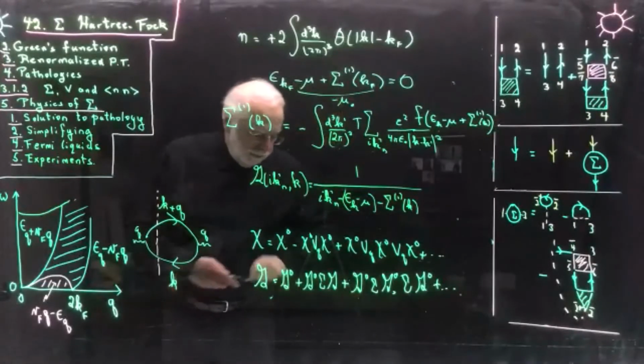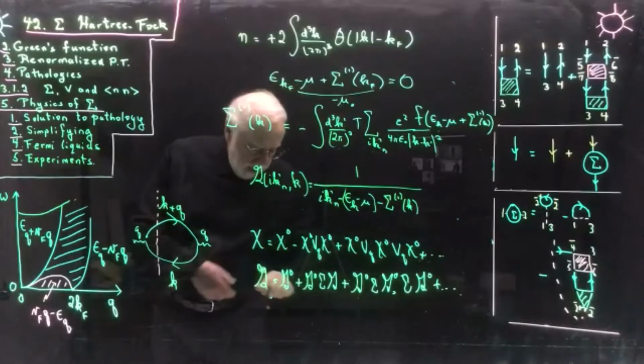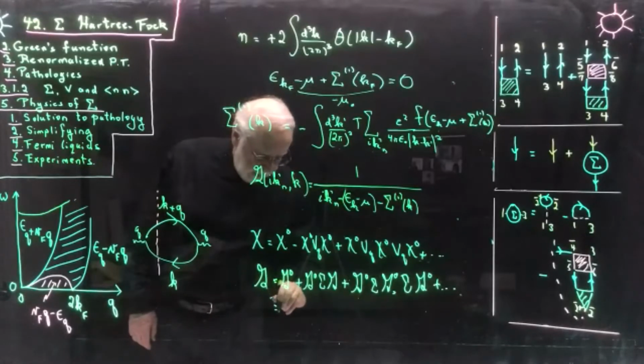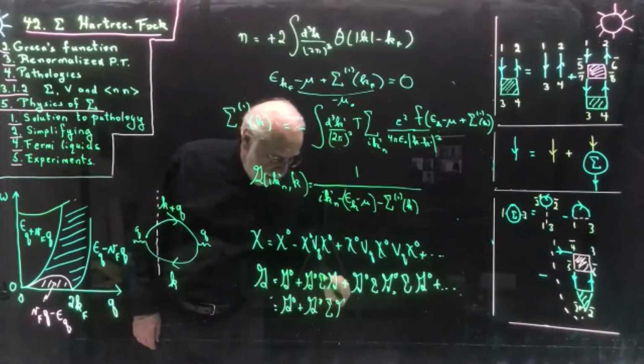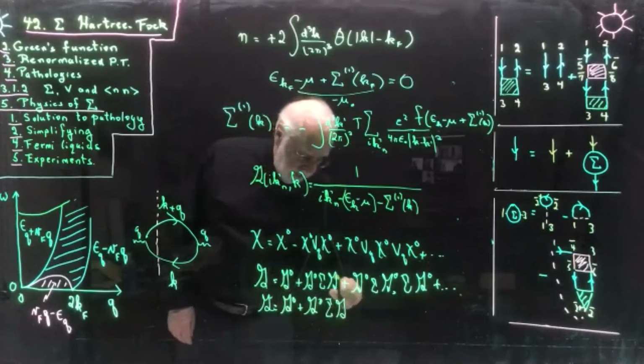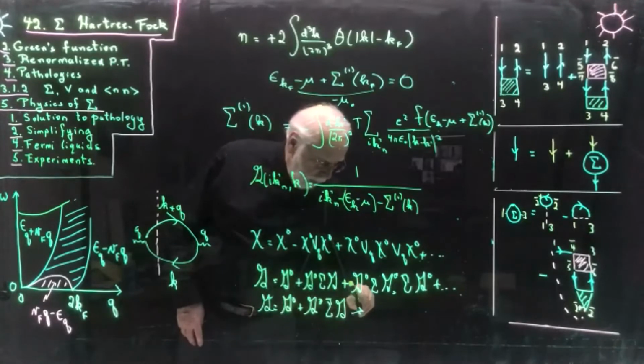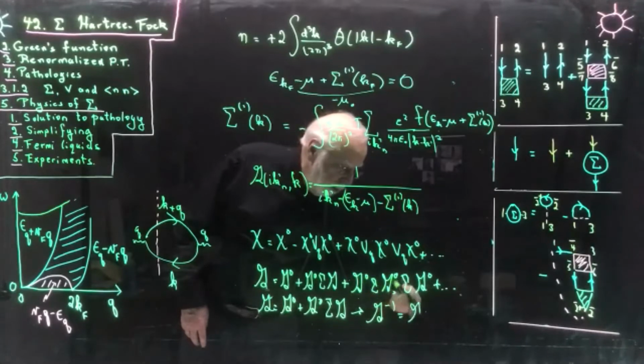In other words, I can write this as G is equal to G0 plus G0 sigma times G. And then I can invert this equation, and that gives that G minus 1 is equal to G0 minus 1 minus sigma.